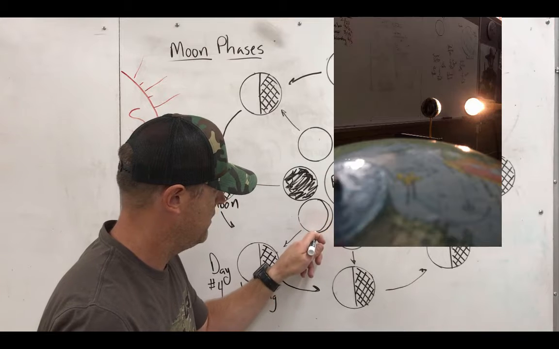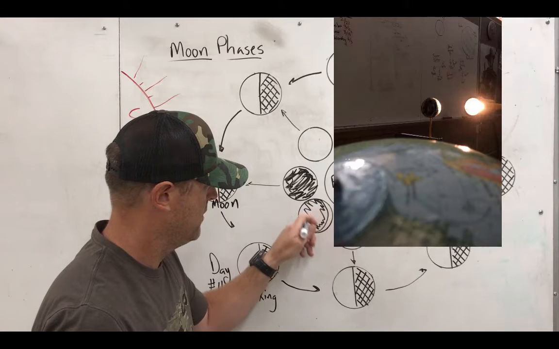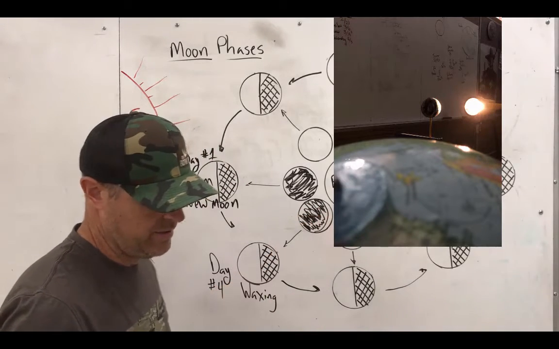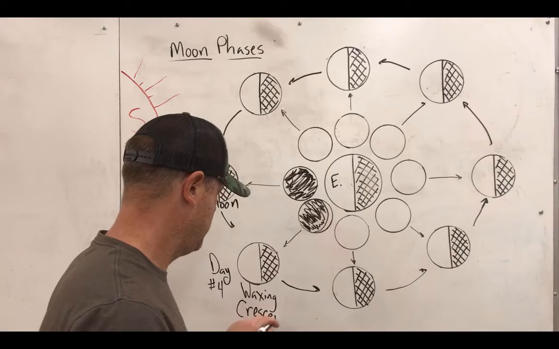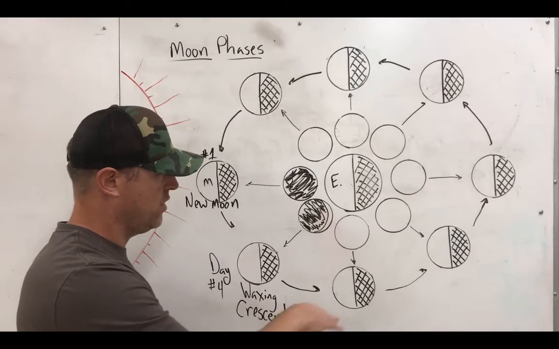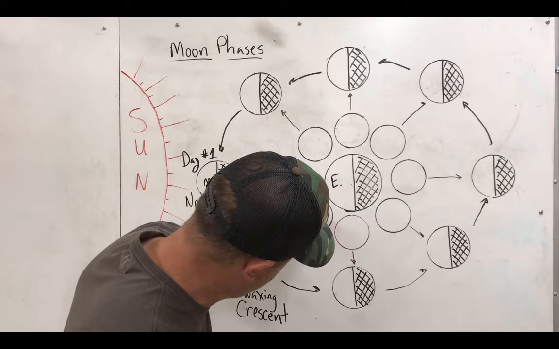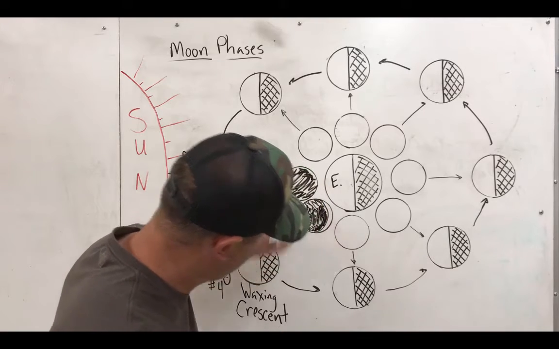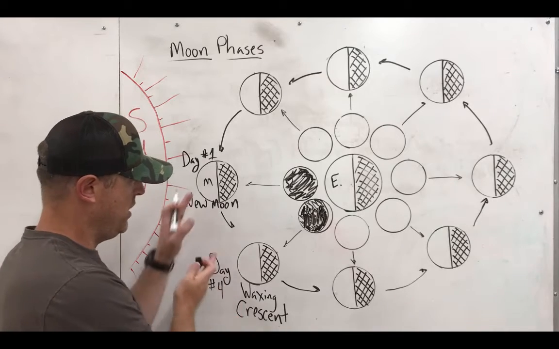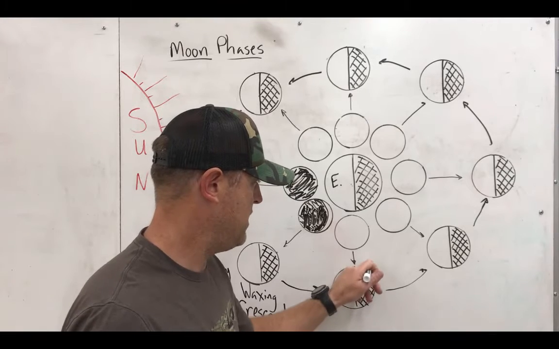This part is going to be dark. This is called a waxing crescent phase. As we go across this, I'll help you understand the waxing half and so on. We just see a little sliver on the right-hand side. If we're doing the math here, this is going to be about day 7.